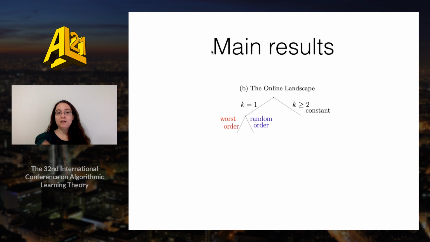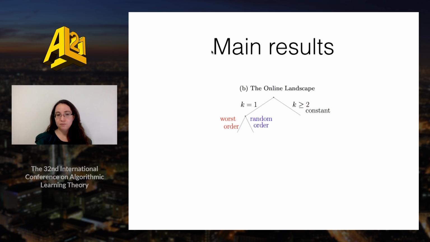So let's separate the analysis into two cases, whether the order is random or whether the order is worst case. Let's start with the case that the order is random. How many centers are needed and sufficient? In order to answer it, here's a known fact.